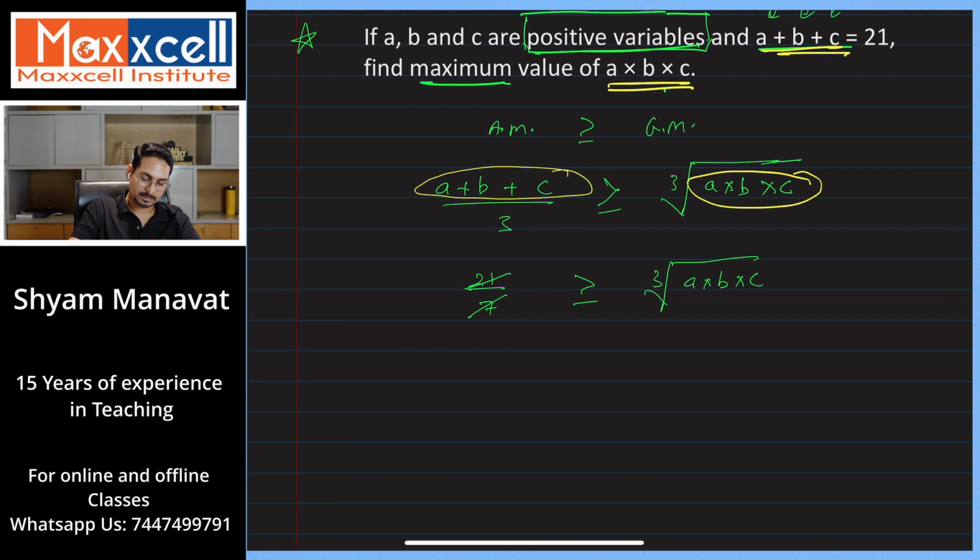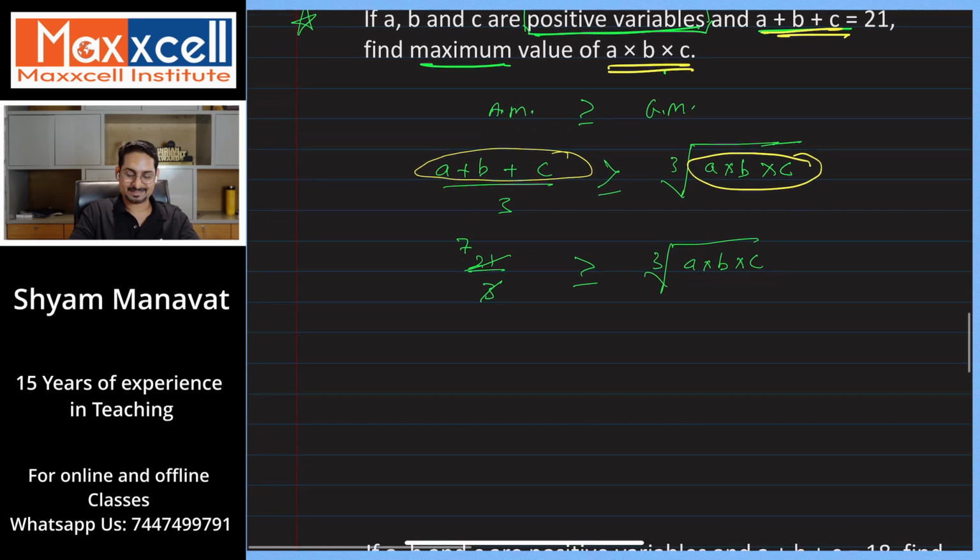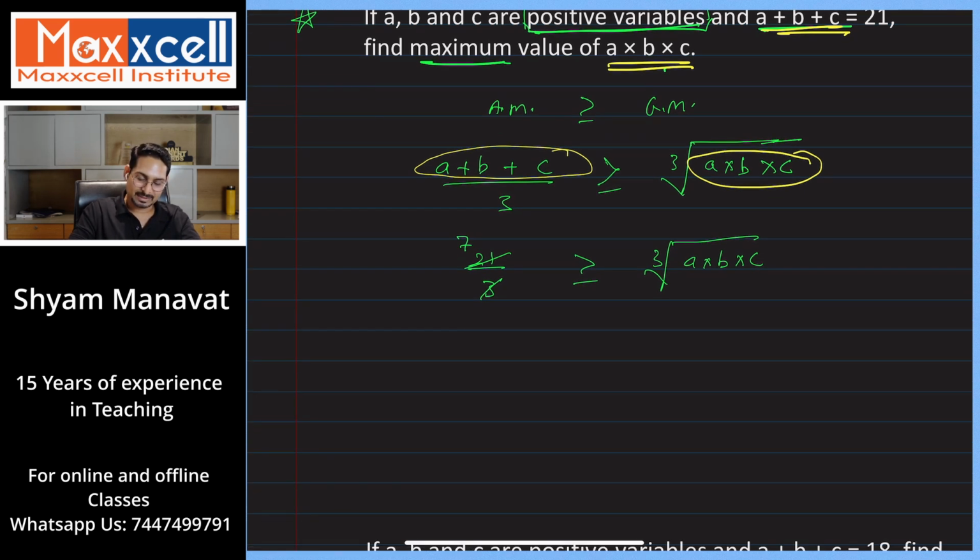Sorry, 7 नहीं है यार, 3 है. Now, if you take the cube of both sides, so 7 cube is what? 343. This is more than equal to A into B into C.